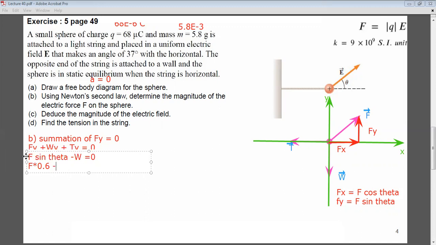Okay, W is m times g, m is 5.8e-3 times 10. This is equal to 0, and I will get F is equal to 0.058 divided by 0.6, and this will give me 0.096 Newton.